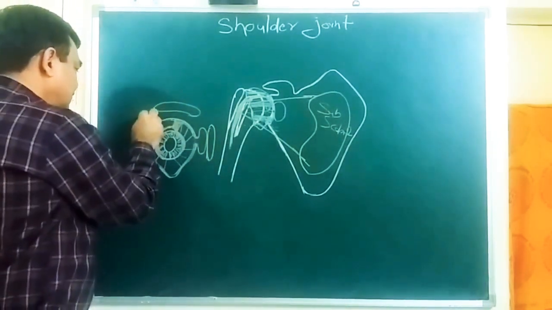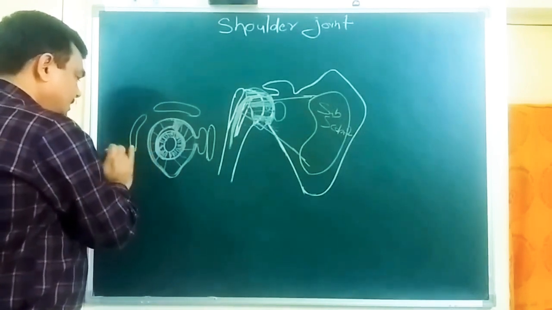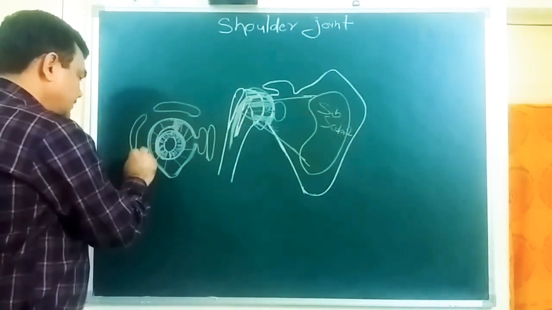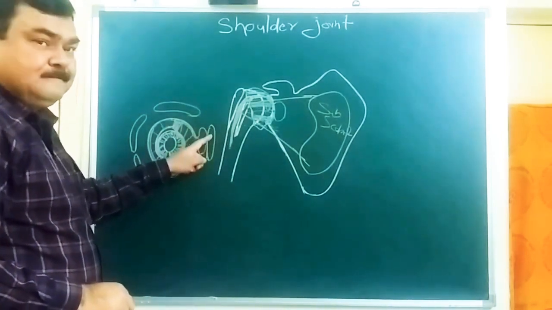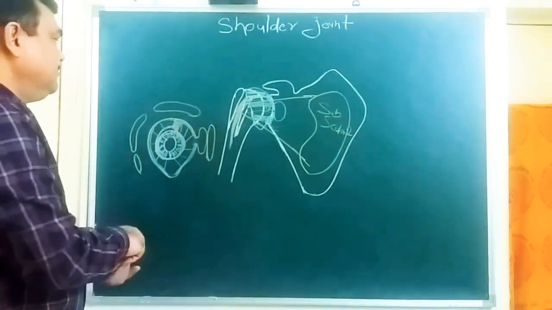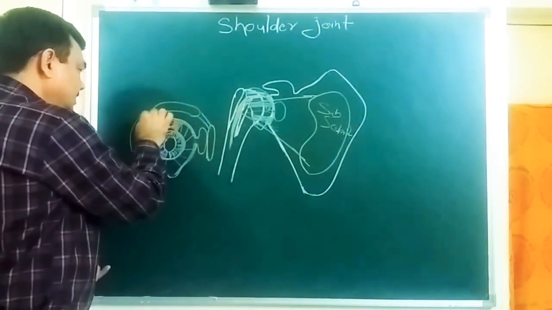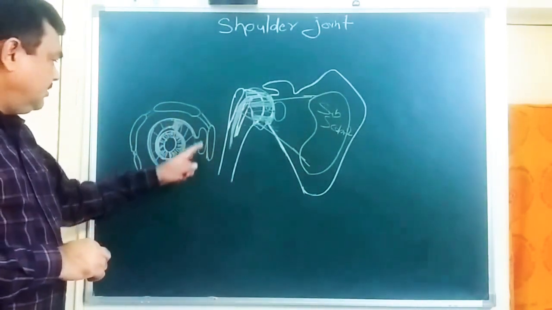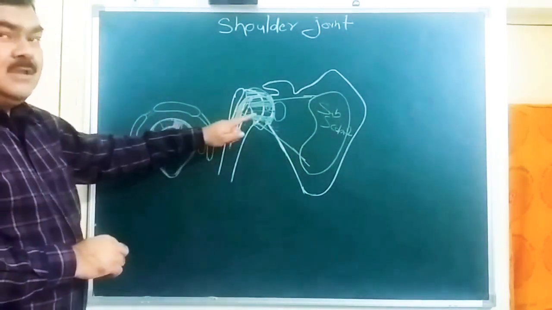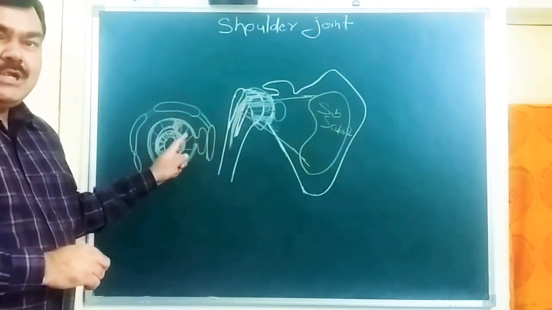These muscles are supraspinatus, infraspinatus, and teres minor. The tendons of these muscles become flattened and joined with each other by fibrous connective tissue. So this system around this joint forms the musculotendinous cuff.